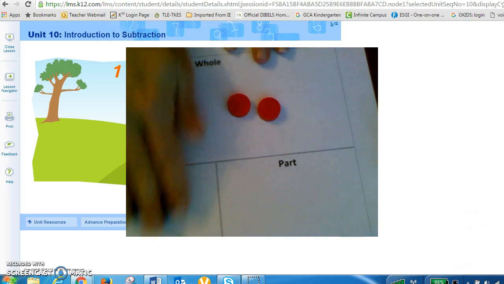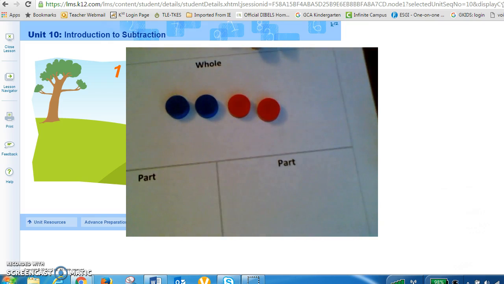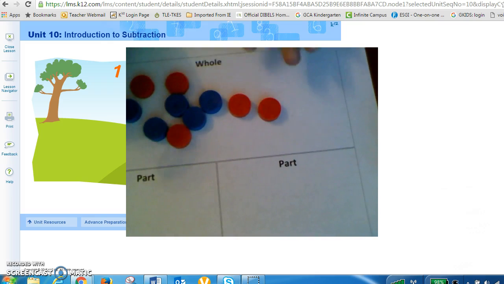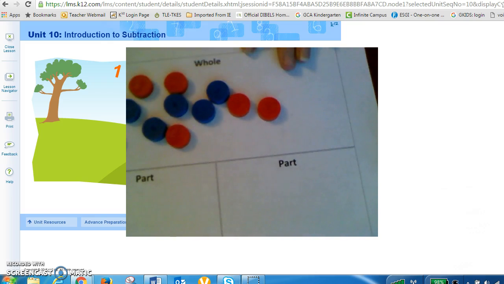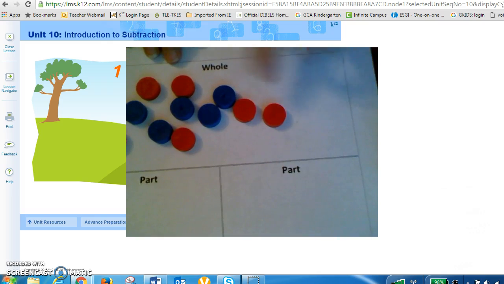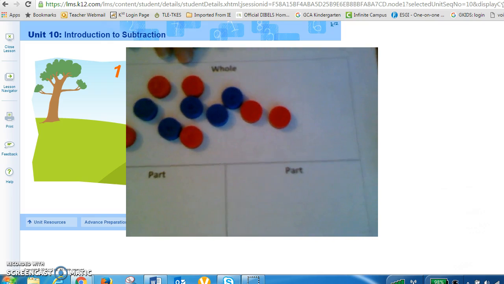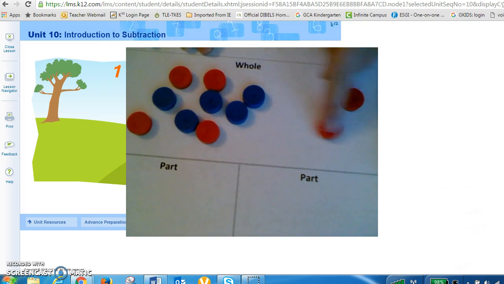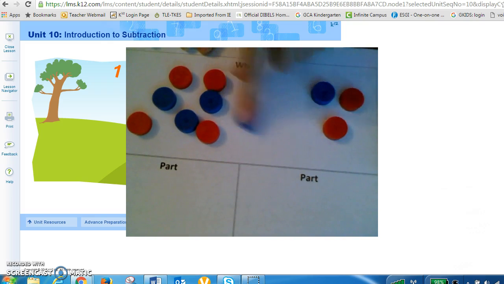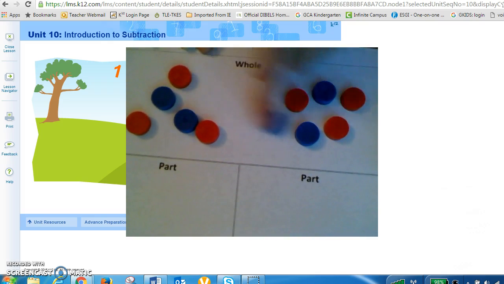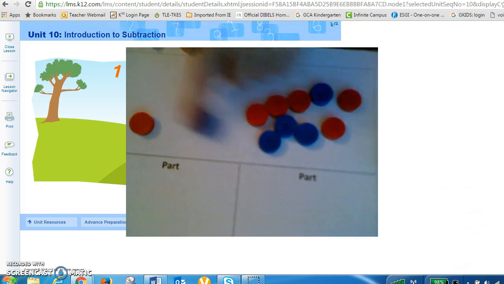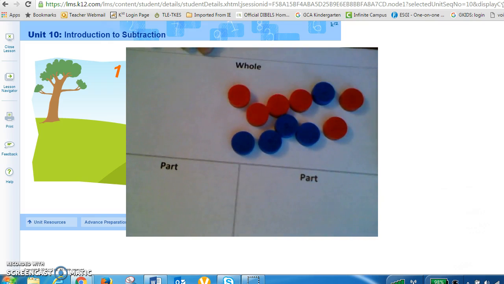You want to also make sure as your student is counting, when we get the bigger numbers and you have a bigger number of blocks on your table, that you're counting them and separating them as you count so they don't double count a block. So I'm going to count how many I have now. 1, 2, 3, 4, 5, 6, 7, 8, 9, 10, 11.